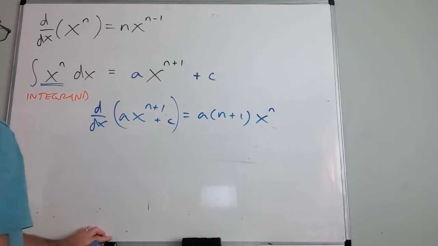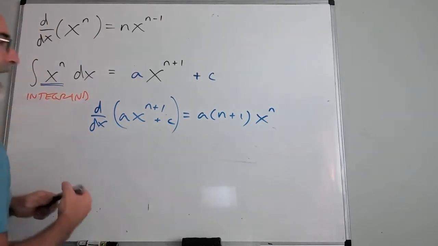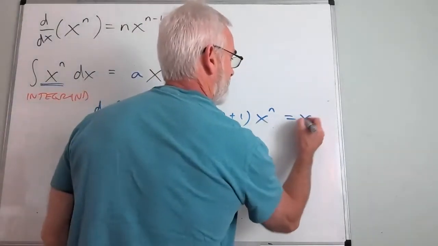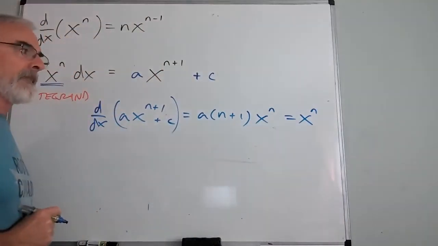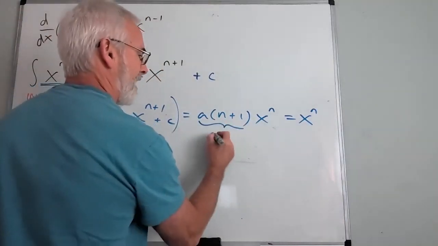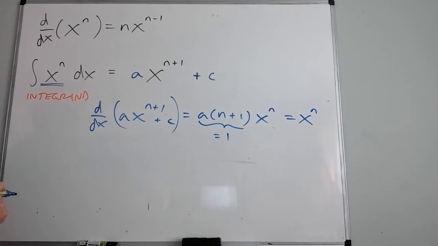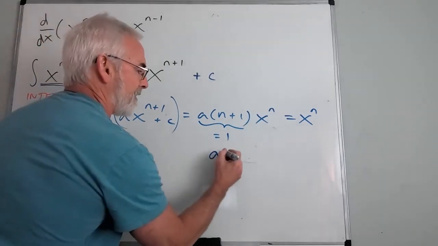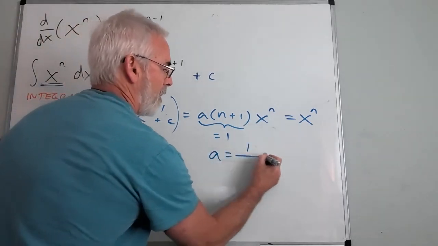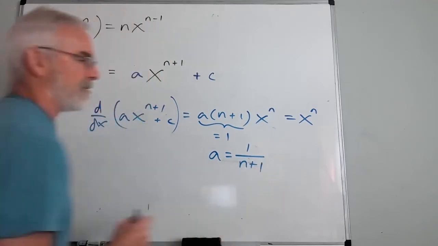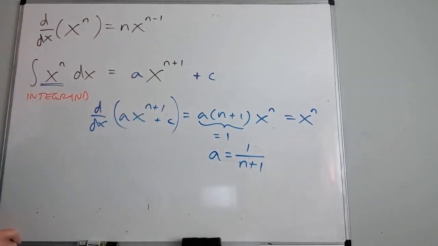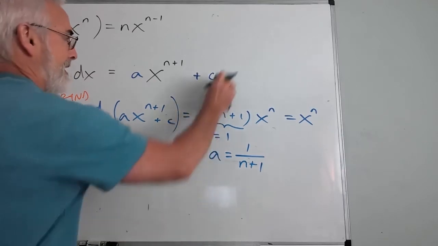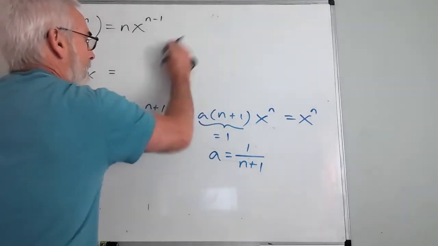Okay. Now, I'm supposed to get that back again when all is said and done. Well, that would mean that this quantity here has to equal 1. And the only way that can occur is if A equals 1 over n plus 1. Oh, okay, I think we got something here.